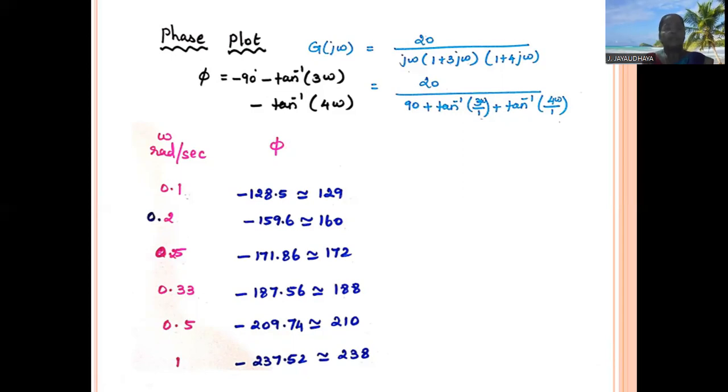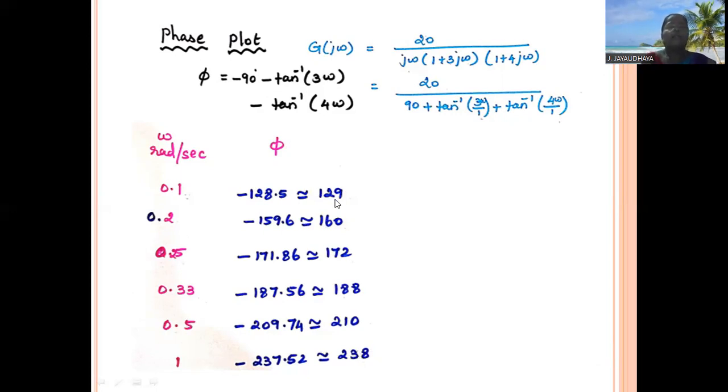For 0.25, we are getting minus 172. Here the minus is missing, so all the values are minus. Then similarly, for 0.33, your value is minus 188. For 0.5, your value is minus 210. For 1, your value is minus 238. So here all the values are negative values.